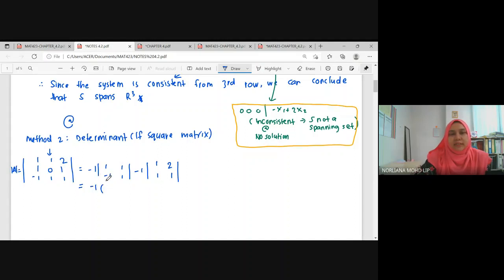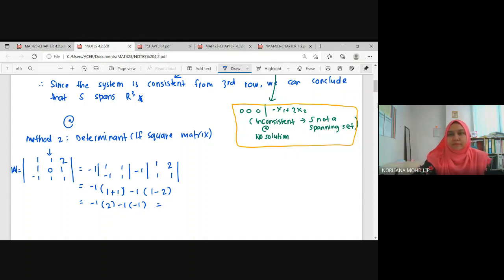Okay, AD minus BC. 1 minus 1 plus 1. 1 minus 2. So, akan dapat negative 1, 2, 1 plus 1. Minus 1, negative 1. Okay, akan dapat berapa?